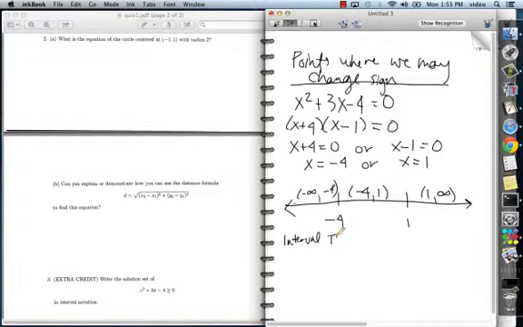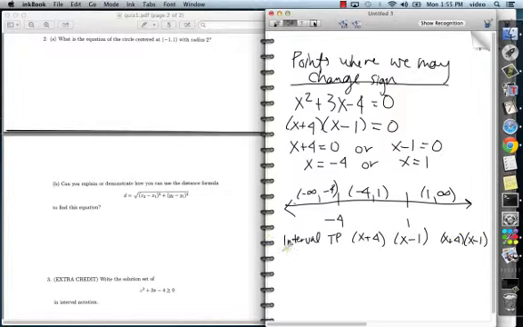Interval, test point. We want to know what the sign of x plus 4 is. We want to know what the sign of x minus 1 is. And then finally, we want to know what the sign of their product is.